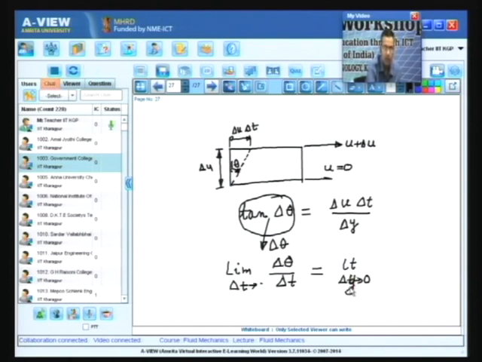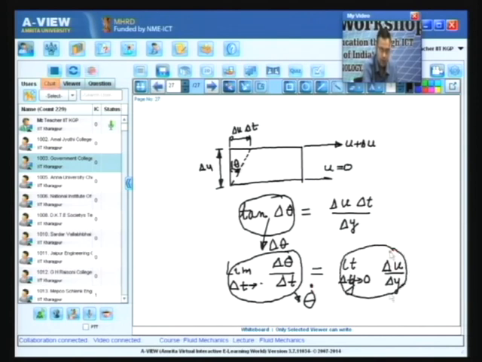We take a fluid element where the layers are very close to each other, so that delta y tends to 0, of delta u by delta y. So, this equation essentially tells us that this is theta dot and this is du dy.